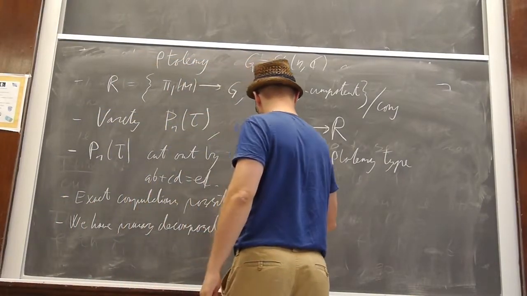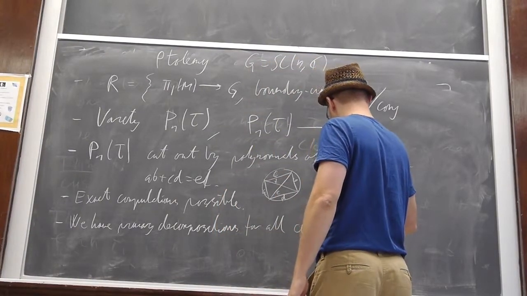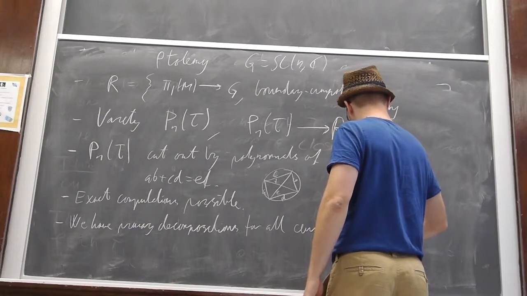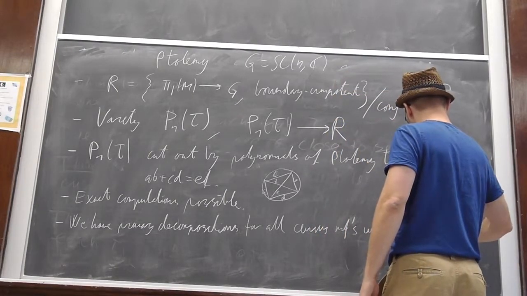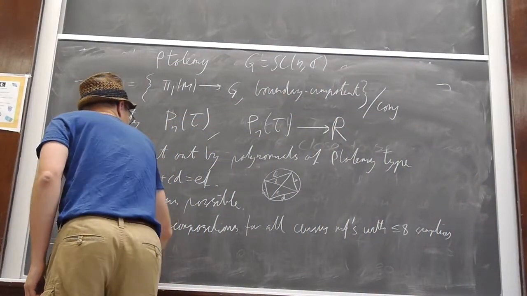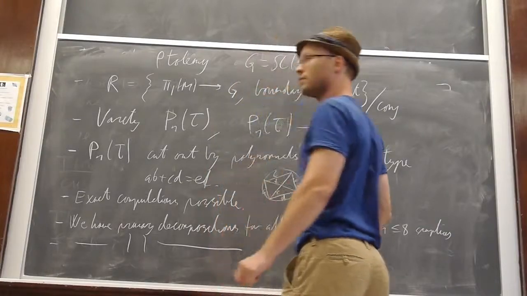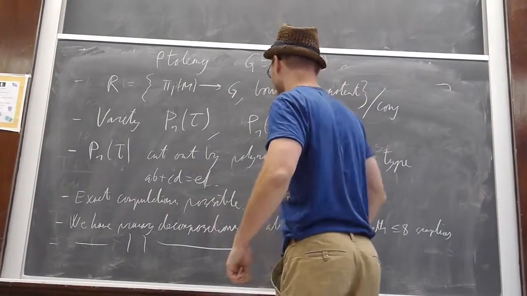So we have this for all census manifolds with less than or equal to 8 simplices. And we also have it for knot complements. Surely the speed depends on it. Yes, this is for n equals 2.